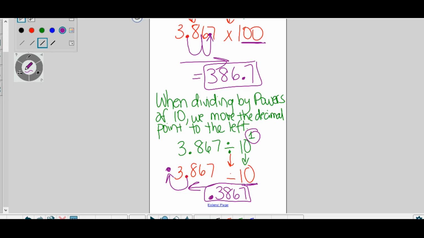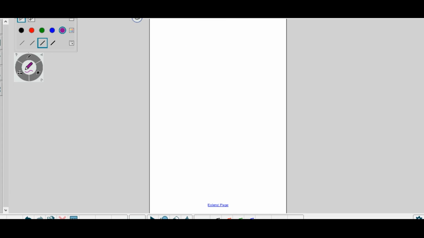I will show you another dividing problem that is going to show a fraction. Now the fraction is the same thing as saying division, but I want to show you exactly how to deal with this. So new problem. I had 12.83, and I'm going to be multiplying it by the fraction 1 over 100.